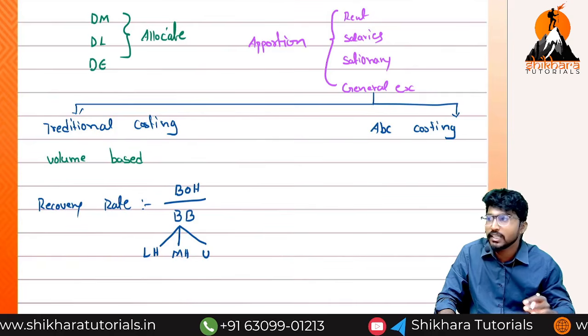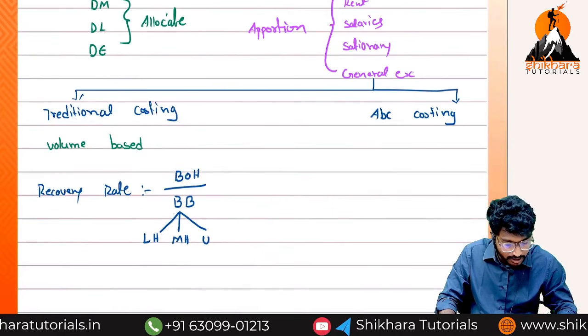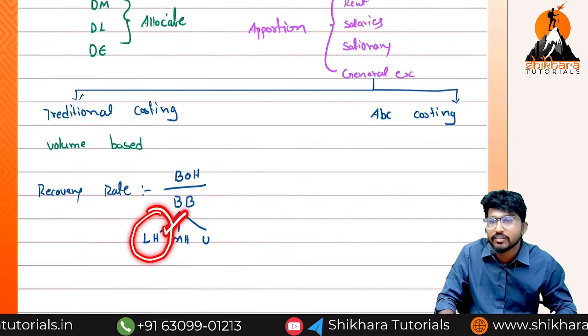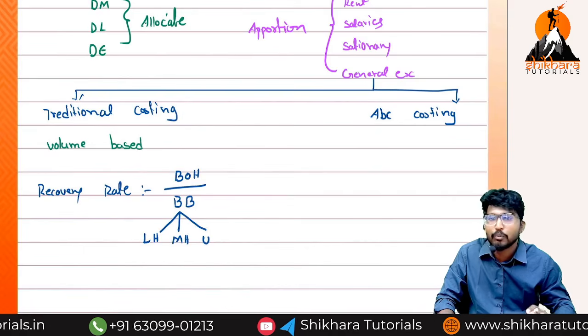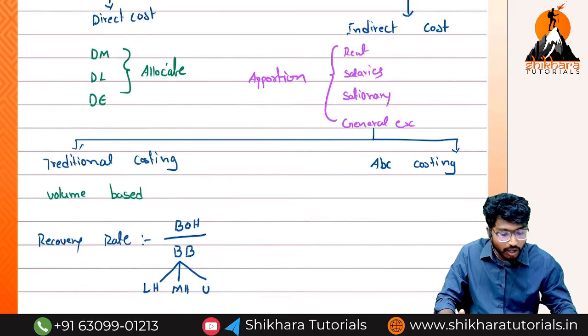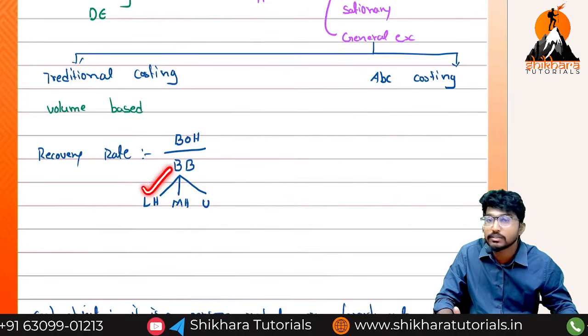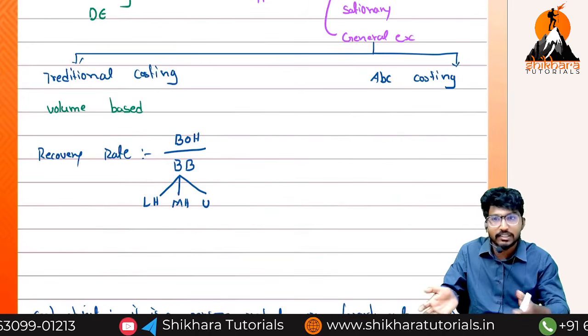That means, for example, let us assume the traditional costing system is using labor hours as a base for apportioning these indirect expenses. That means all the indirect expenses we incurred are for the purpose of labor.